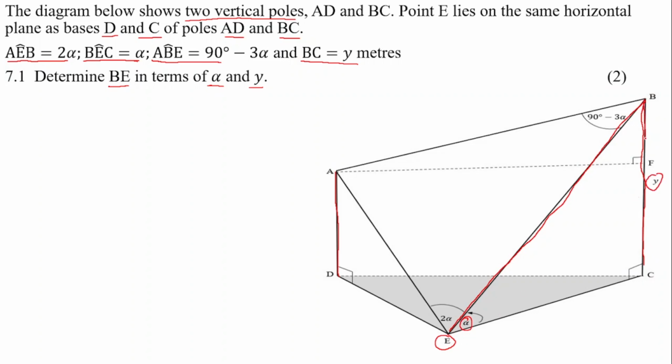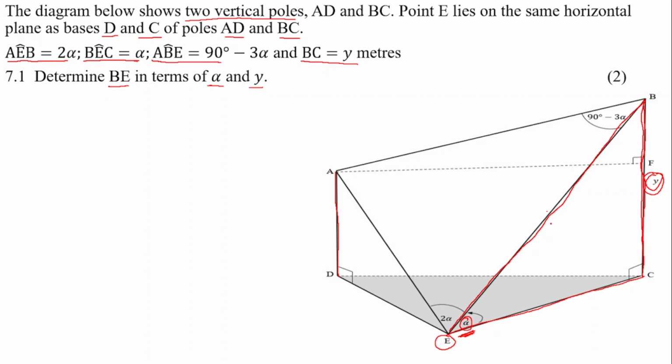We have the angle alpha, we have y there. What type of triangle is triangle BEC? This is a right angle triangle, right? With a right angle triangle, we can use the Pythagoras theorem or trigonometric ratios. Here we can use the trigonometric ratios. As angle alpha is our reference angle, y is the opposite side, and BE is the hypotenuse. Which trig ratio involves the opposite side and the hypotenuse?